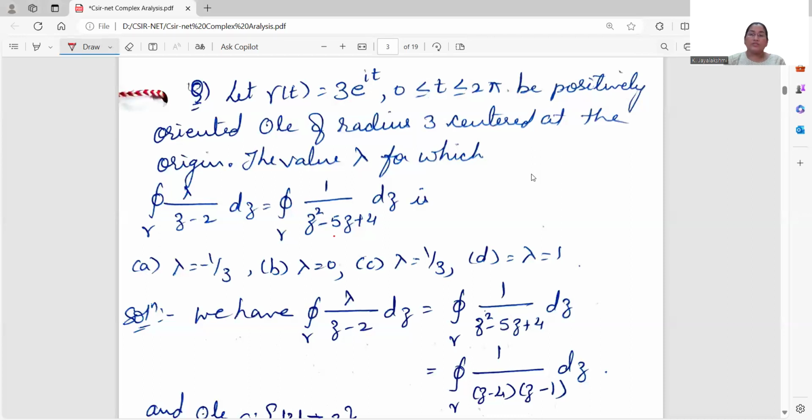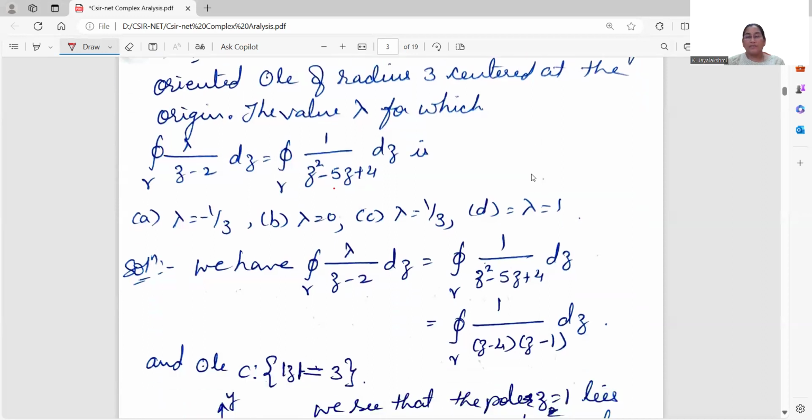Now, to solve this question, as I told you in my previous class, we should have a little idea of Cauchy's integral theorem as well as Cauchy's integral formula for simply connected and multiply connected domains. Here we can apply Cauchy's integral formula. The given problem is the integral over gamma of lambda/(z minus 2) dz equals the integral over gamma of 1/(z² minus 5z plus 4) dz.